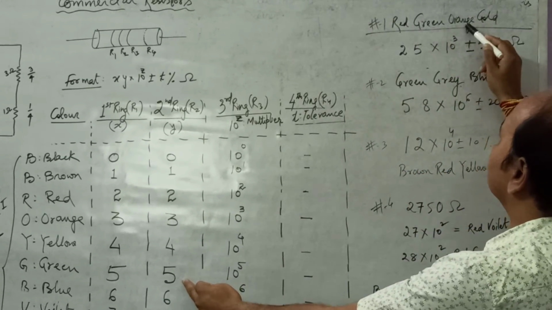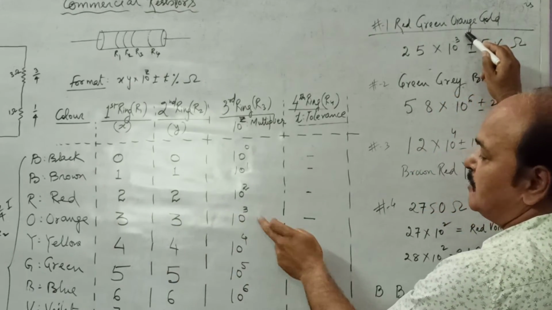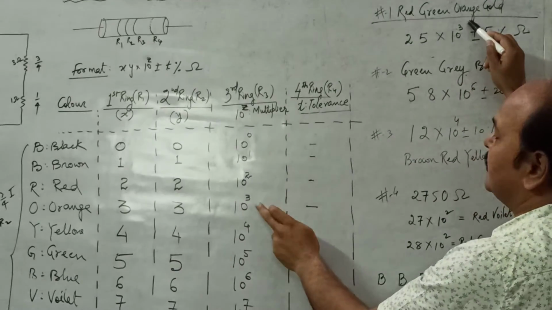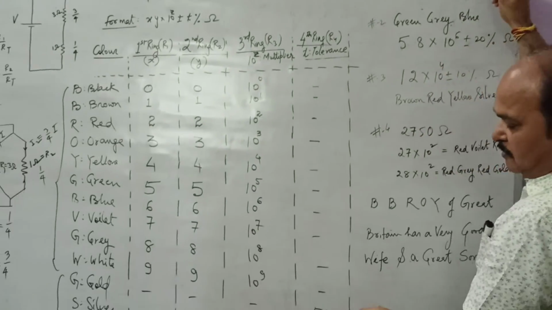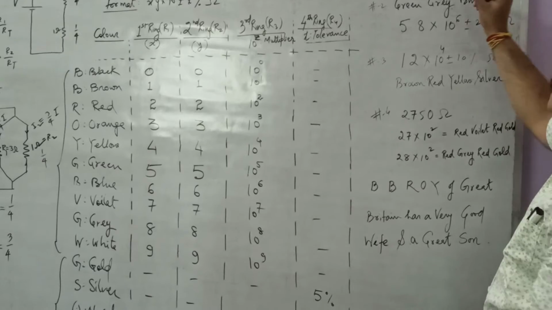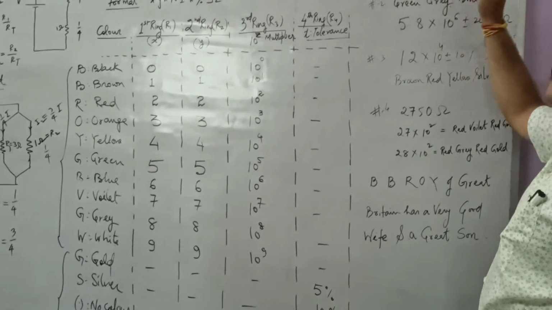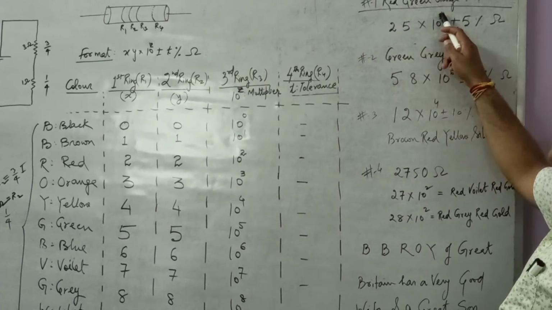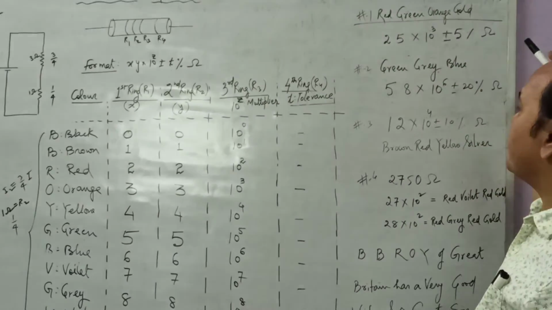And the third ring is orange. At third place orange represents multiplier 10 to the power 3. And gold represents a tolerance of 5%. So the value of the resistor color coded as red, green, orange and gold is 25 into 10 to the power 3 plus minus 5%. Unit of course is ohm.